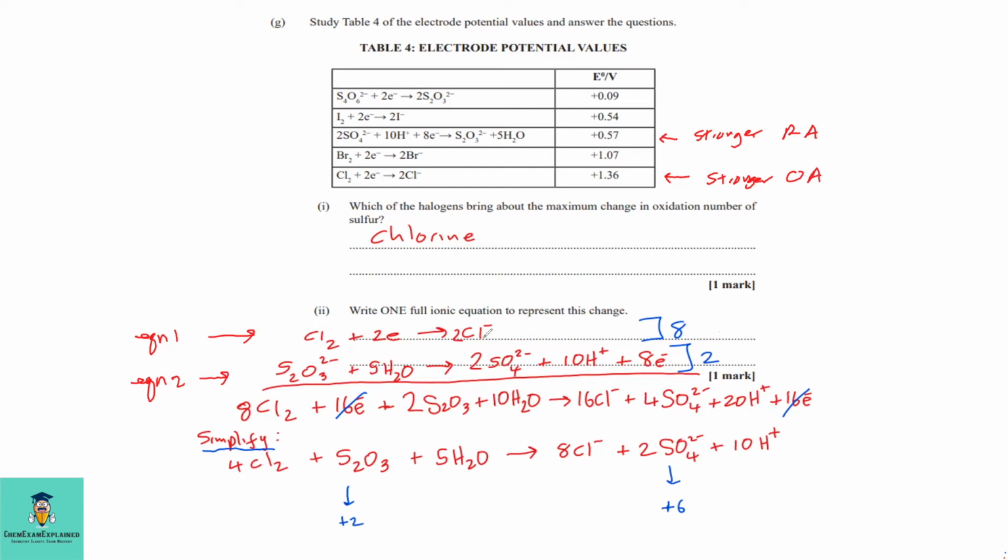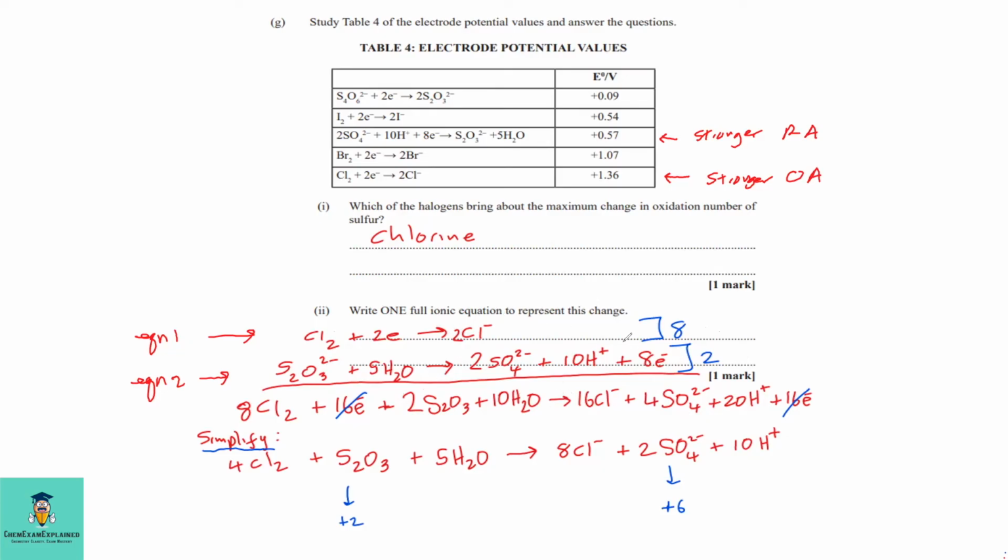So once we have the electrons being equal, we are now going to sum the equations. So we have 8Cl2 plus 8 times 2 electrons, 16 electrons, plus 2 times S2O3 to give us 2S2O3, plus 2 times 5H2O to give us 10H2O.